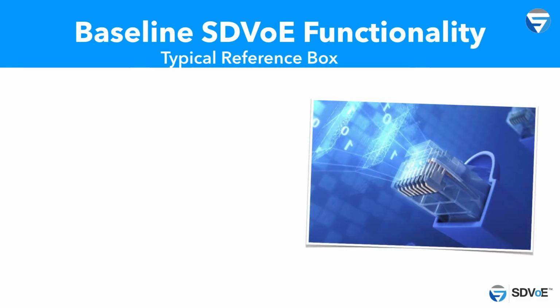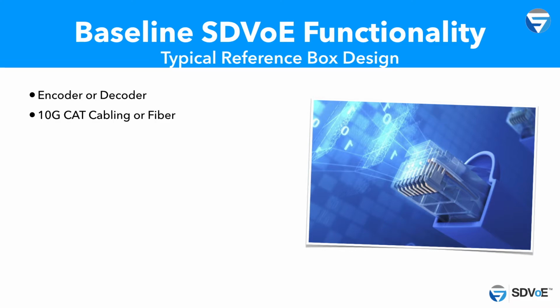So, baseline SDVoE functionality. One of the baseline things about SDVoE is most everybody has an encoder or a decoder. We're all using 10 gig cat or fiber, HDMI 4K 444 video, and 8-channel audio that we can send for surround sound or multi-channel distribution.